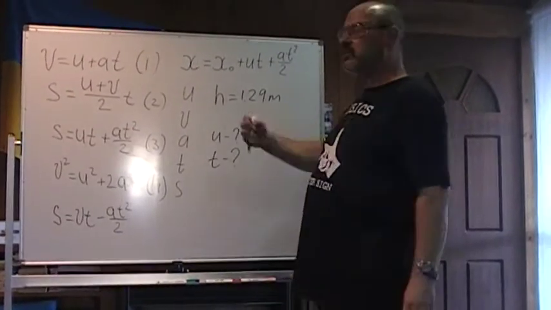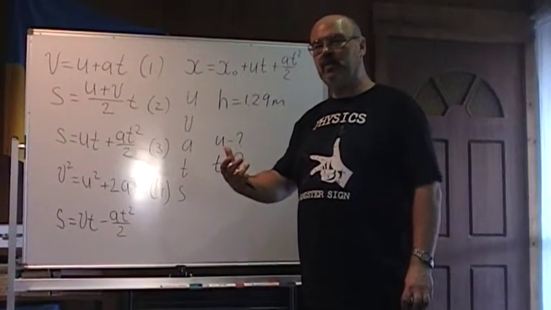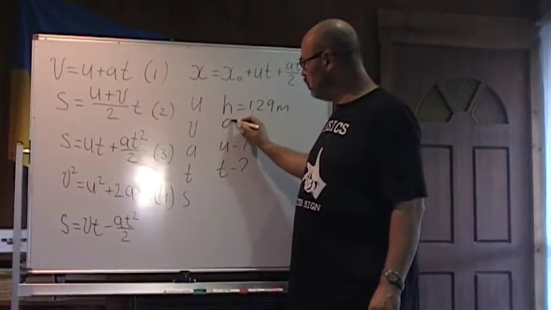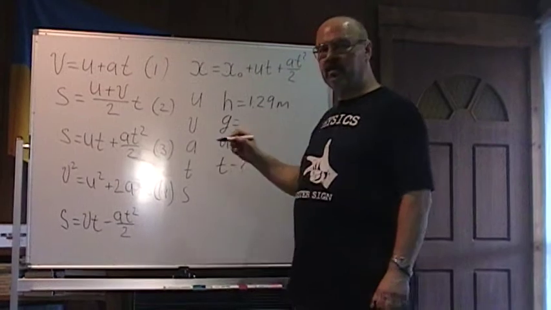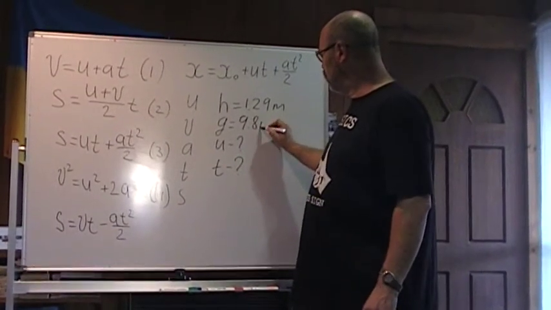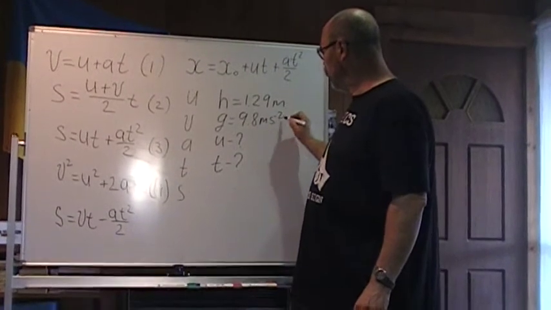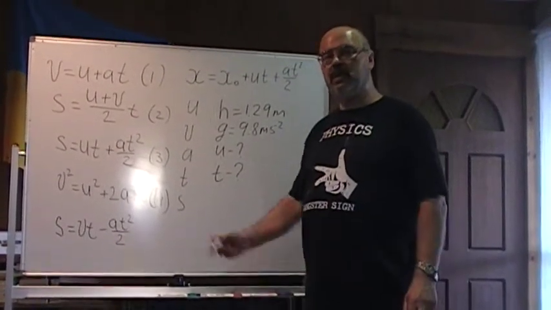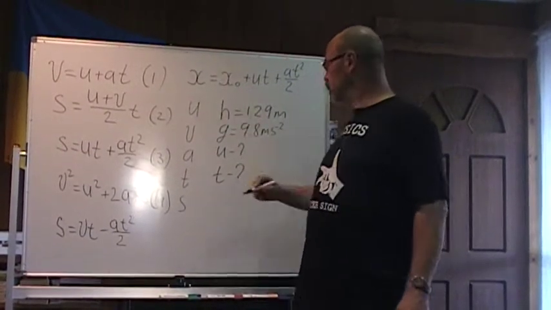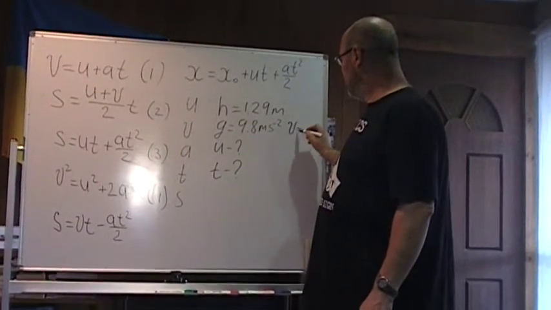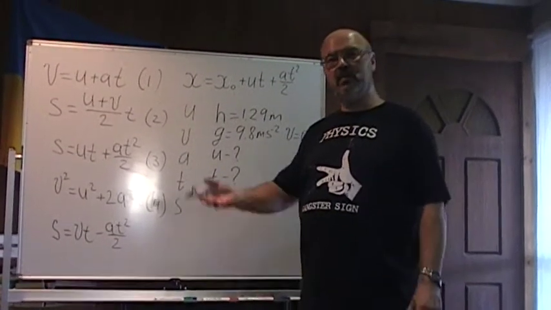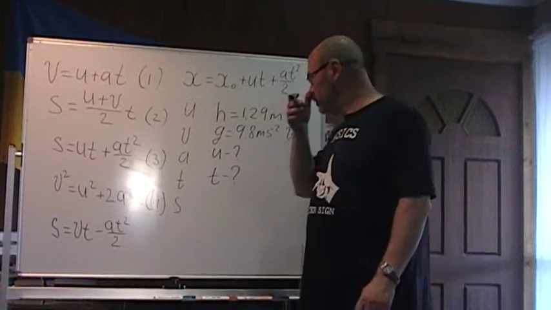Even if it's not directly expressed in the problem, we have 2 more values. First, we know his acceleration, because his acceleration due to gravity equals 9.8 meters per second squared. Also, we know his final velocity, because at the highest point his velocity will be 0. Otherwise, it would not be the highest point, he would continue to move up.